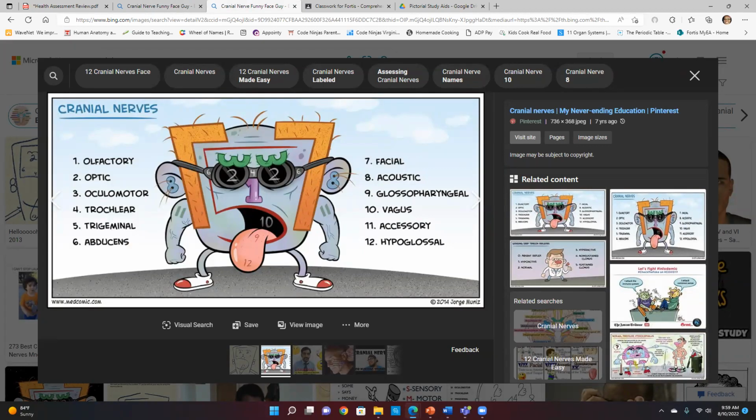Cranial nerve number seven are the sideburns, or really maybe his hair, and those are the facial nerves. Cranial nerve number 8 is your acoustic, also known as your vestibulocochlear nerve, and it deals with your hearing. So you may be thinking, if someone has nerve damage to one of these cranial nerves, could that particular sense be affected?